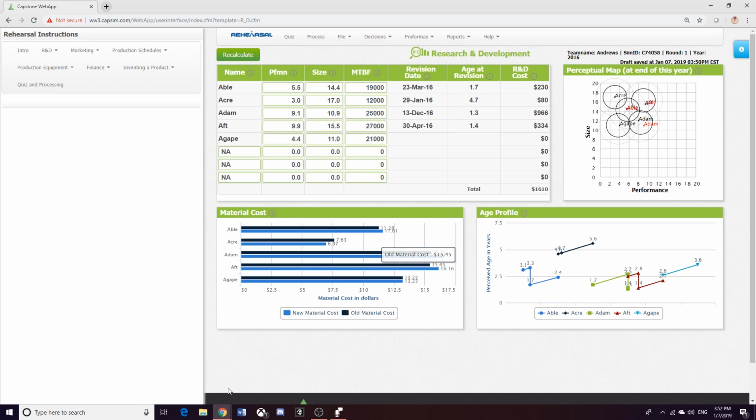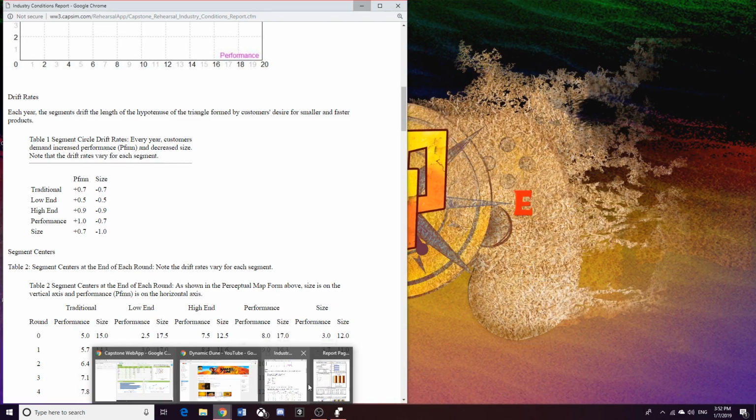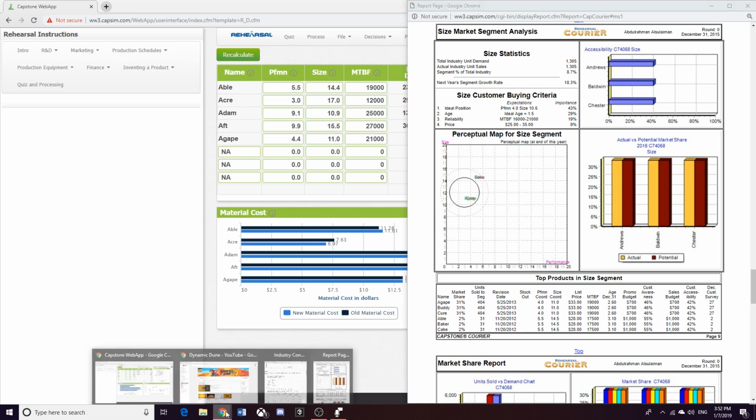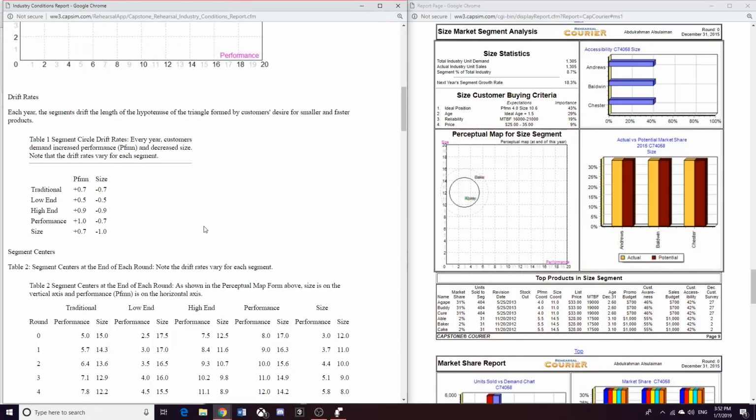And then we go and say, all right, what is the ideal position in the beginning of round 1 for size? It is 10.6. So in the beginning it's 10.6. And then we look and say, okay, the drift rate is -1.